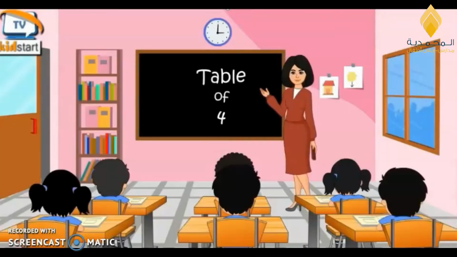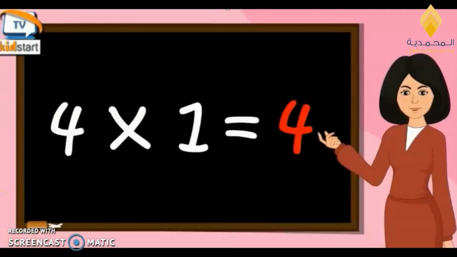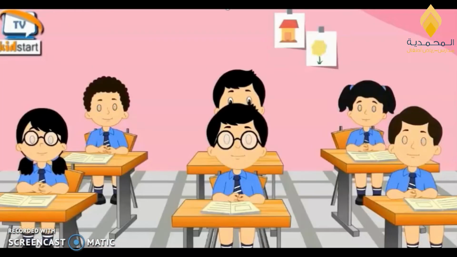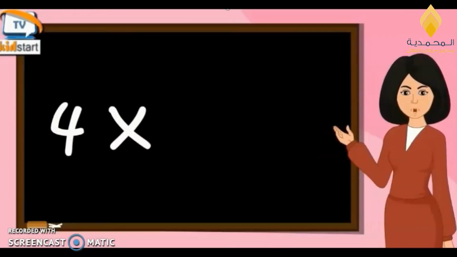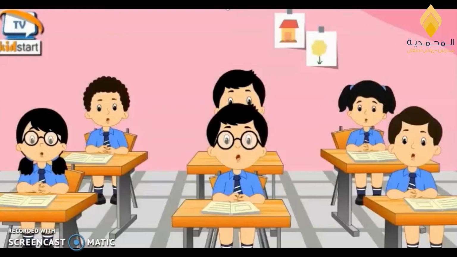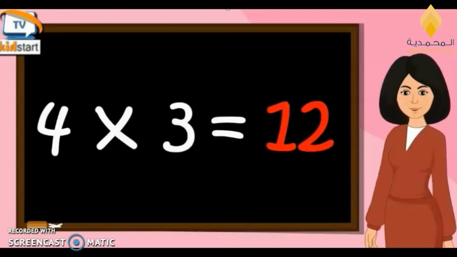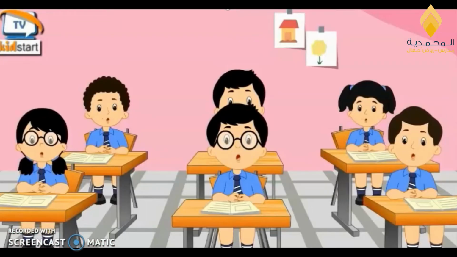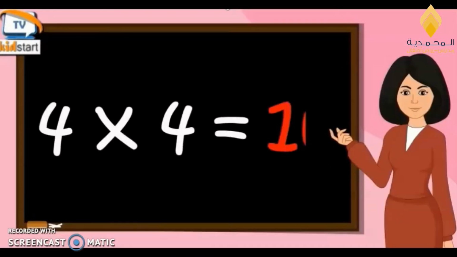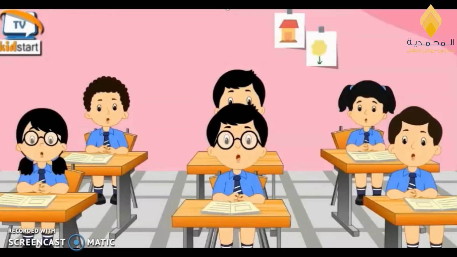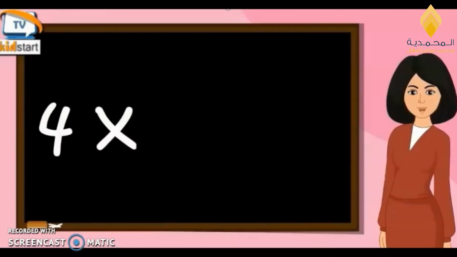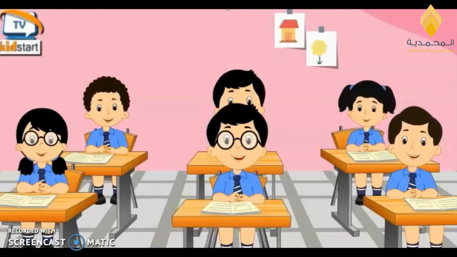Let's move to the multiplication table of the number 4. 4 times 1 is 4. Repeat after me. 4 times 2 is 8. Excellent. 4 times 3 is 12. Good job. 4 times 4 is 16. 4 times 5 is 20.